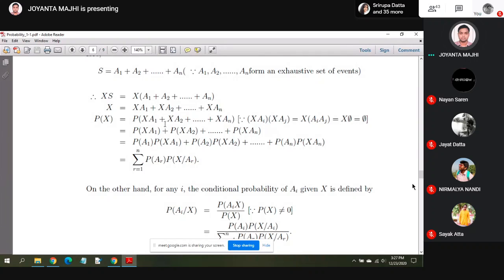Therefore, all X intersection Ai, X intersection A2 are pairwise mutually exclusive. Therefore, we can apply the third axiom of probability. Therefore, probability of X intersection A1 union X intersection A2 union X intersection An is equal to the summation of the separate probabilities, that is probability of X intersection A1 plus probability of X intersection A2 plus probability of X intersection An.